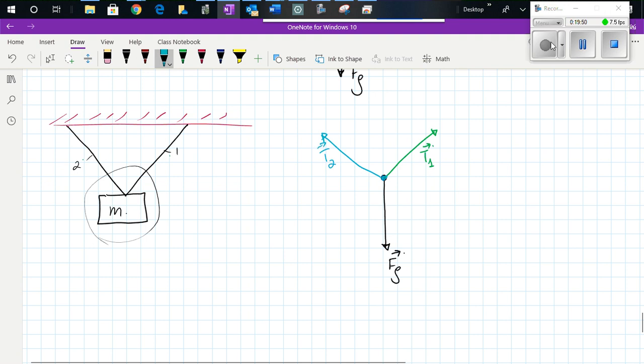So we assign them 1 and 2 to identify that we are talking about tension 1 and tension 2. And again, there is no force normal here because the object is not on a surface. The object is hanged by those two strings. Clear?